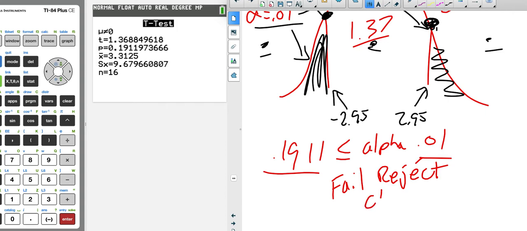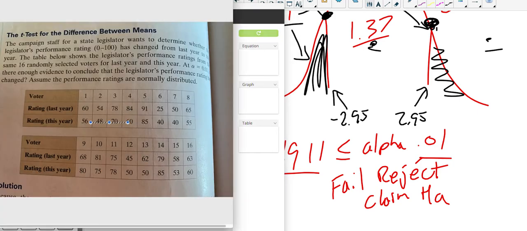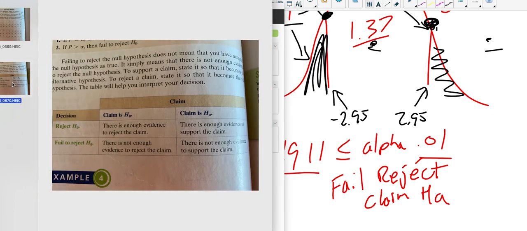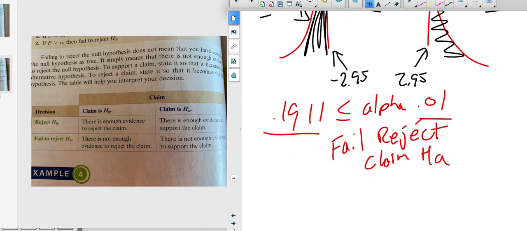Okay, and our claim is with HA, so we can look back at page 356, and this time I have 356 here. All right, there it is right there. This is page 356, that little chart. This comes in handy for all these problems. Our claim is HA, and we fail to reject, so we just write down what it says there.